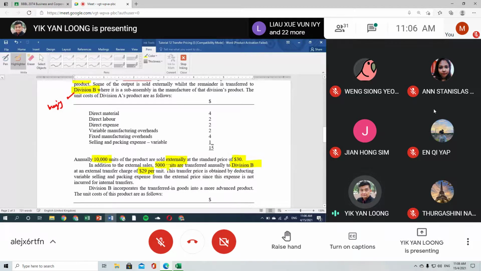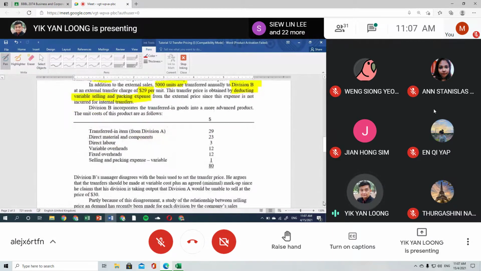Now, you see there's a difference of 1 ringgit. Why is there a difference? It's mentioned in this question: the transfer price is obtained by deducting the variable selling and packing expenses. That means this is an internal transfer cost saving, so you do not have to incur this 1 ringgit.